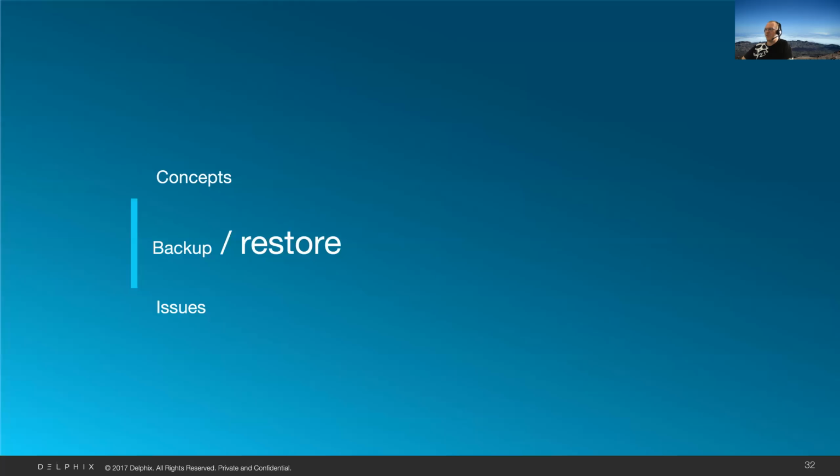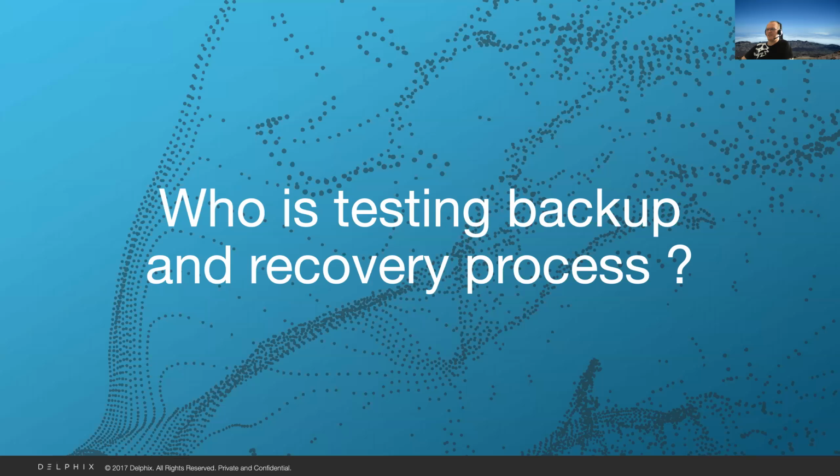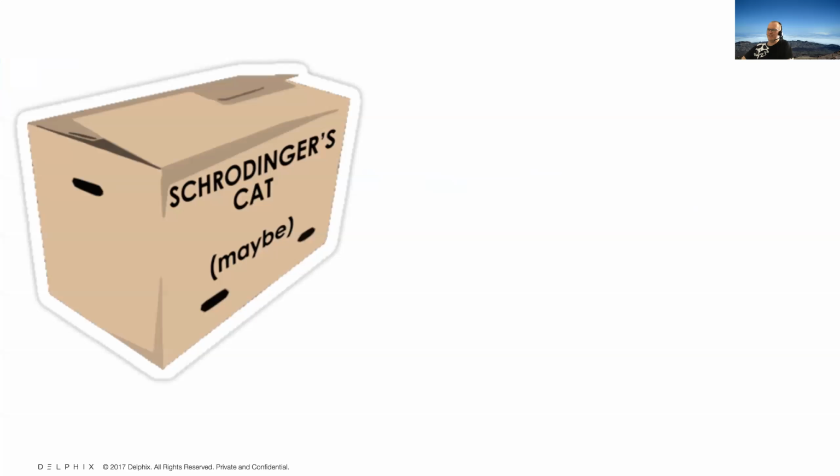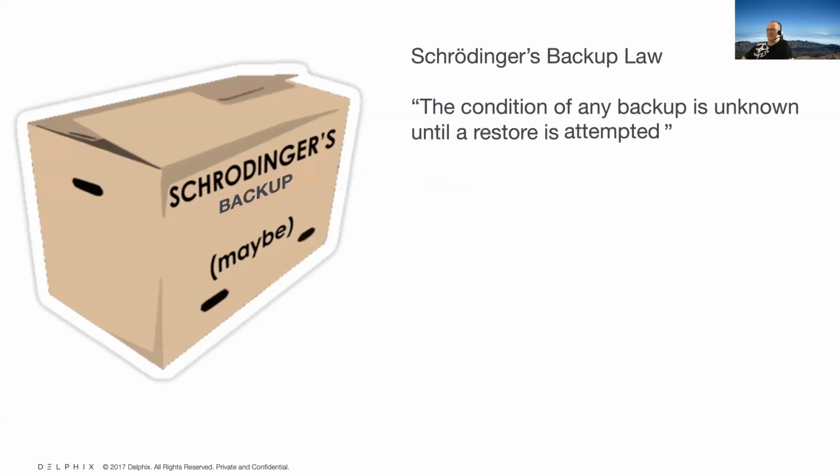Right. So we have a backup, and now we have to basically do the restore. I actually have to speed up a little bit, but okay. So first of all, you have to test your backups. If you are not testing your backups, you end up with basically this. You know that basically that means that the condition of your backup is unknown until you try to restore it.